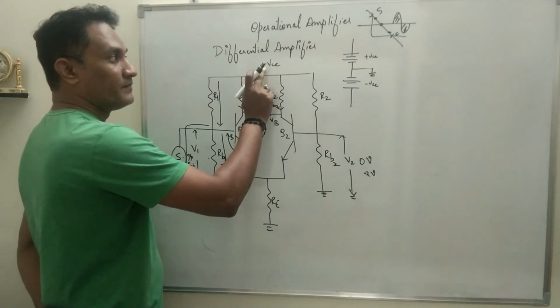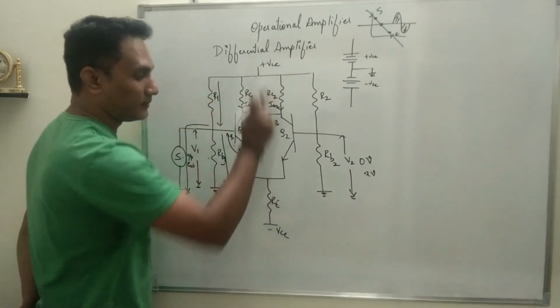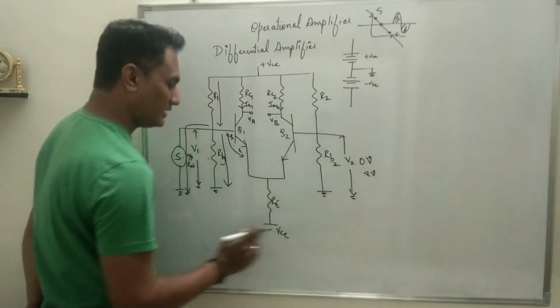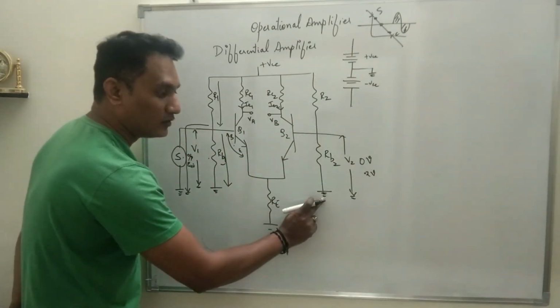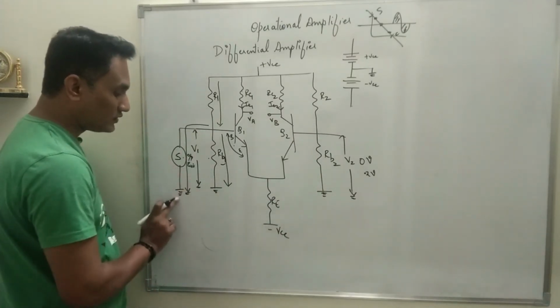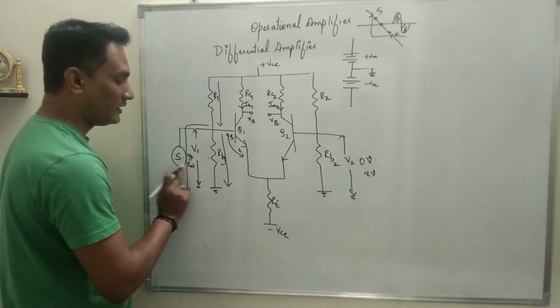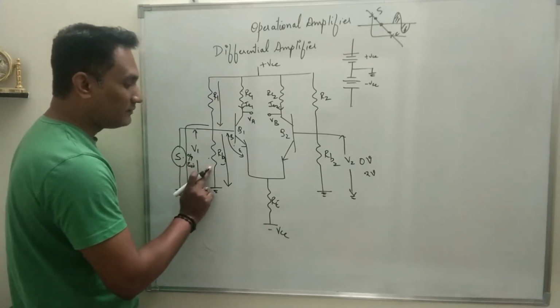So what we did is, instead of using one power supply, we used two power supplies, and the common terminal of the two is taken as the ground, the common ground of the circuit. Now when the source is connected, this ground is the common ground, so the source cannot come in parallel with the biasing resistance.